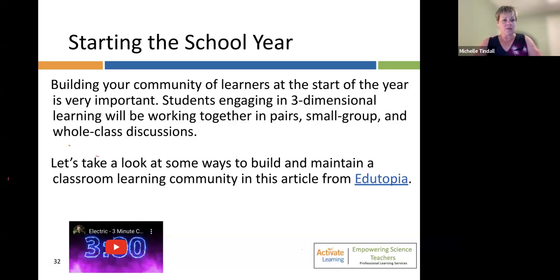So in the chat, I'm putting an article by NSTA. Actually, I'm going to put the Edutopia article in. Sorry, let me just pick up the other article real quick. Take a look at that Edutopia article for a second, and I'll give you a couple minutes to read through that as a group, or individually.